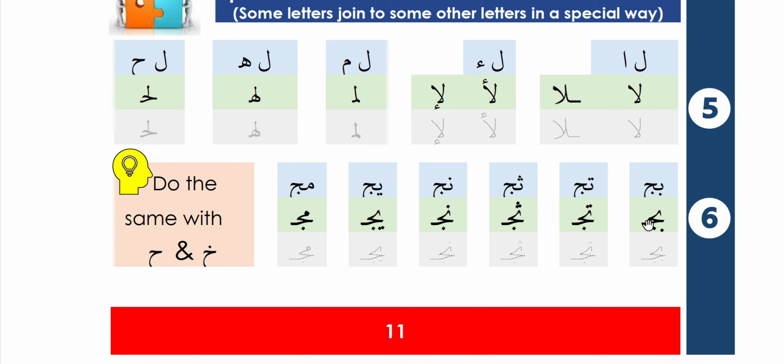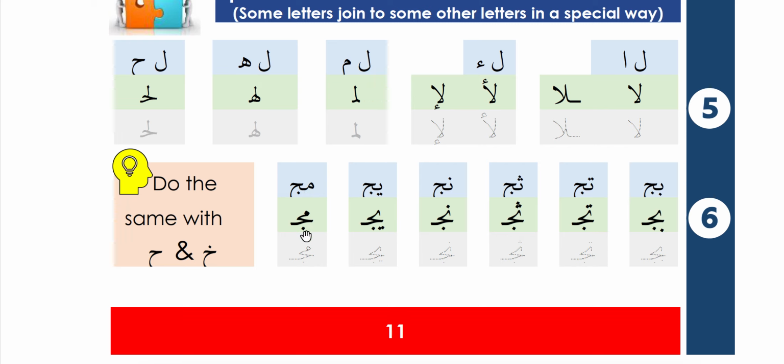And the jim or the ha or kha: this is the head, and then there's one dot under it, so this is jim. If it's a ha, there will be no dot here. If it's kha, the dot will be on top. So ba jim, ta jim, tooth and two dots and jim, tha jim, noon jim, ya jim.